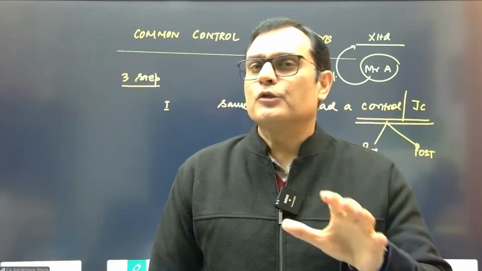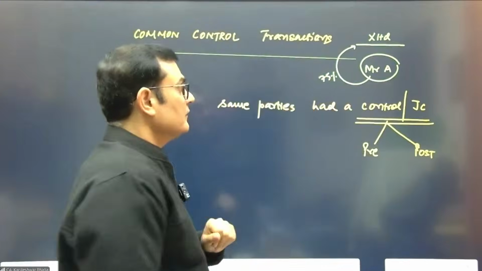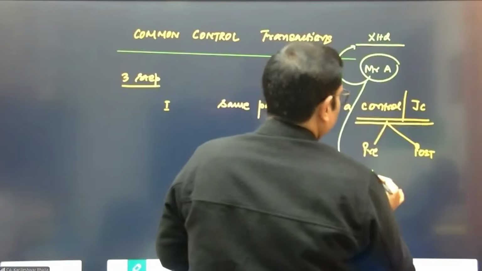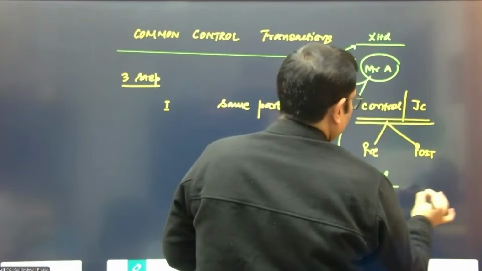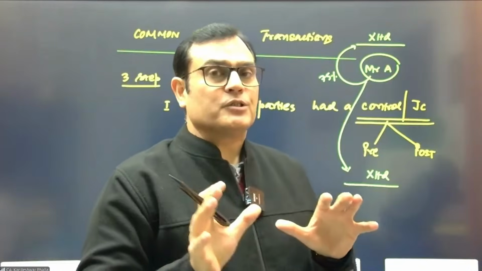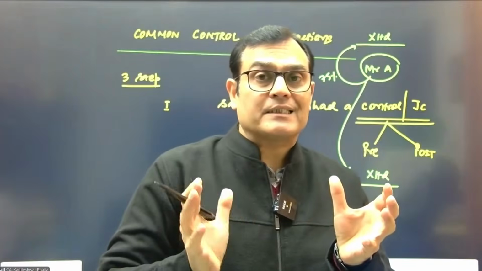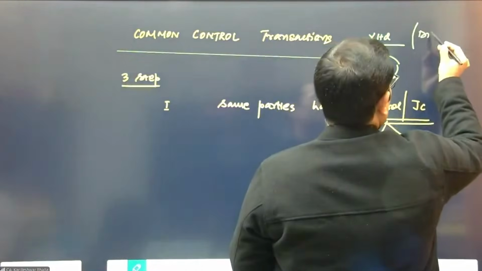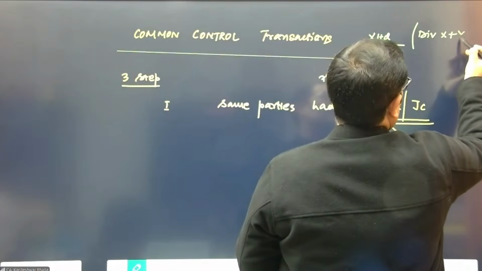So he undoubtedly controls the company. Now, what is done in this particular case is that this company X Limited has, let's say, 2 divisions, division X and division Y.